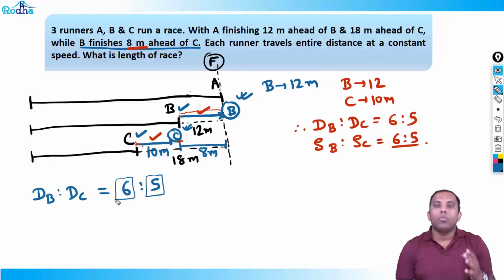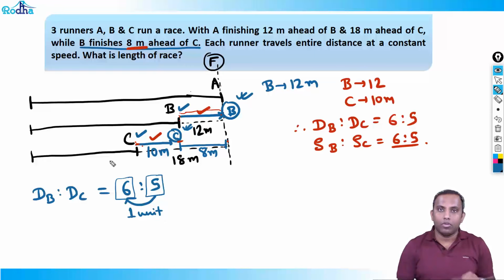So their difference is 1 meter. In ratio, when B finished the race, the difference between B and C is 1 unit. Understand it, right? When B finishes the race, C is just 1 unit behind B.